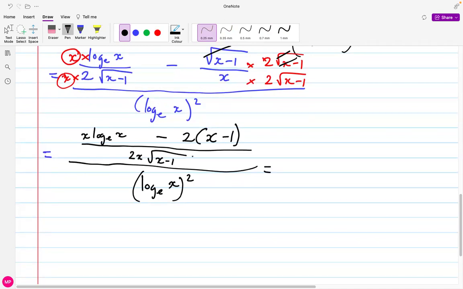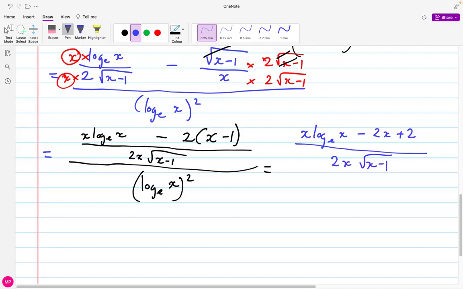Then I pretty much simplify further. So on the top, if I expand that out, I have x log a of x minus 2x plus 2, right, over 2x square root of x minus 1.